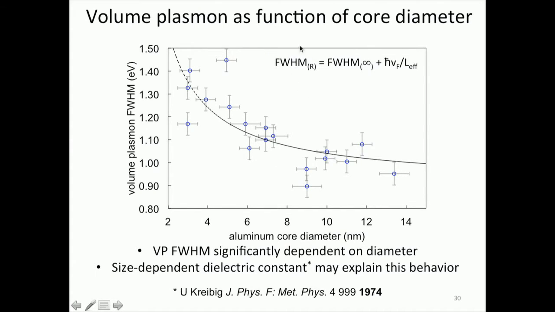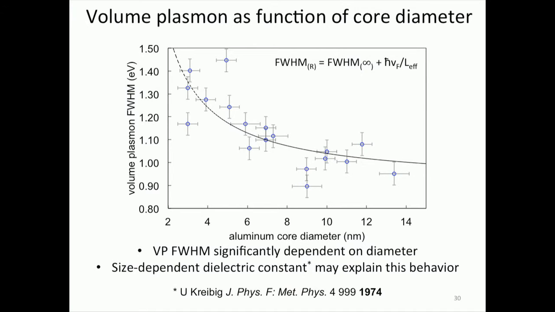So you have the full width at half maximum as a function of radius, which depends on the full width at half maximum at the bulk, plus an extra factor that depends on the effective electron mean free path. And we achieve a reasonably good agreement with the data. So we believe that this classical model of the size-dependent dielectric constant might explain the volume plasmon in our system.